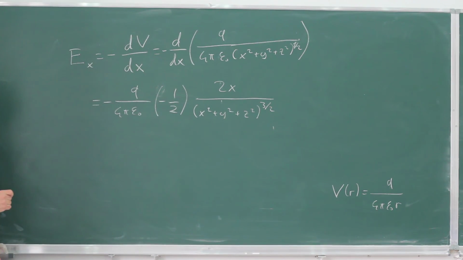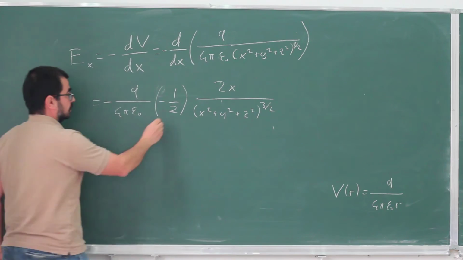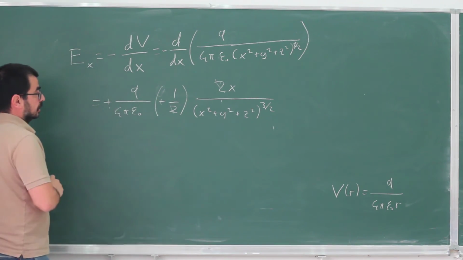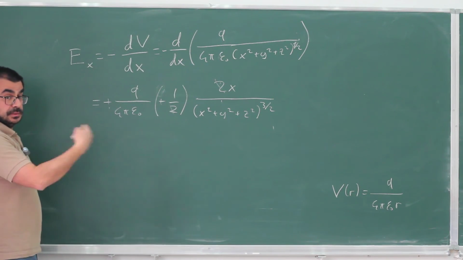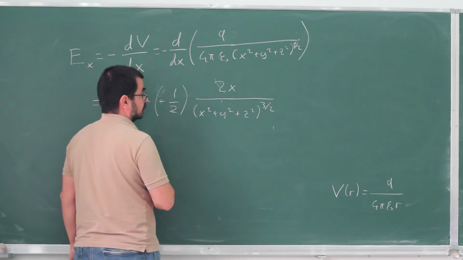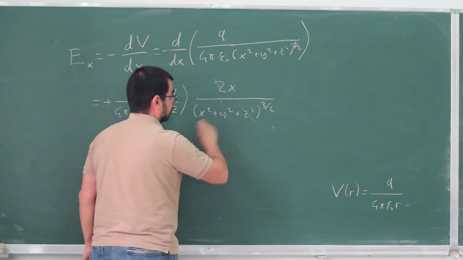Okay? And these cancel. So if you're on the x-axis, what is going to happen is that your y is equal to 0, your z is equal to 0, so these just drop out. Okay?